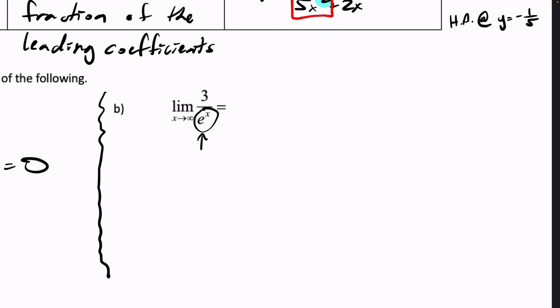So this one would be bottom heavy. Exponential. Okay. So bottom heavy means the limit is 0. And that's it.